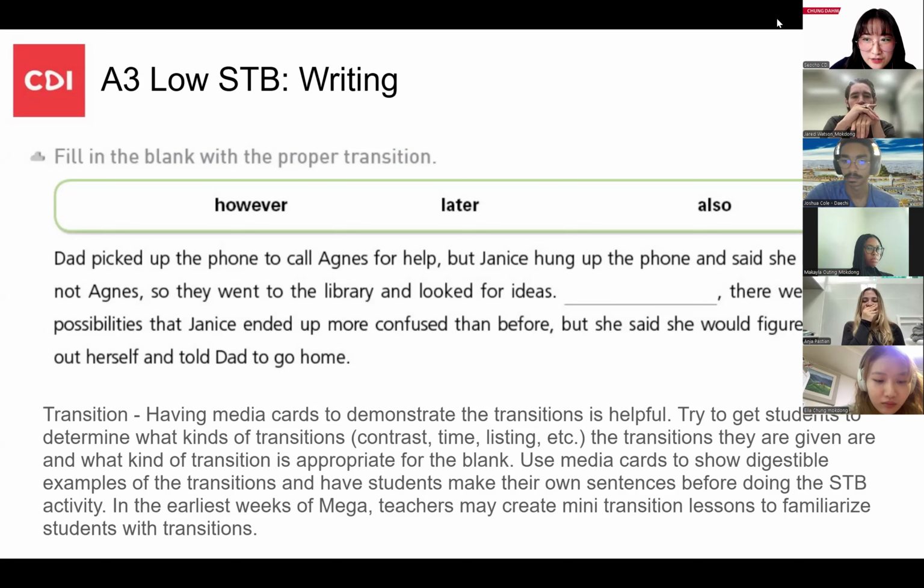And maybe you can have students make some sentences using the transitions in this activity instead of doing the activity itself. I think that as long as you're practicing the skill, it's okay. You don't have to do it exactly the way that it's in the Smart textbook.